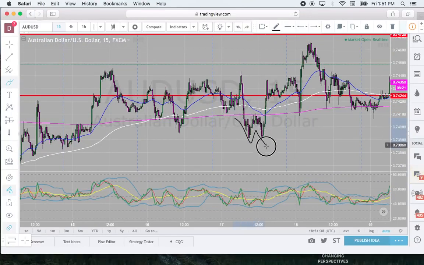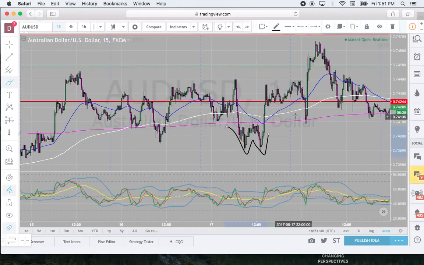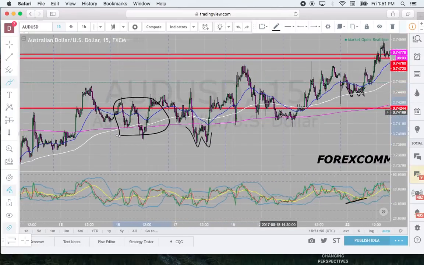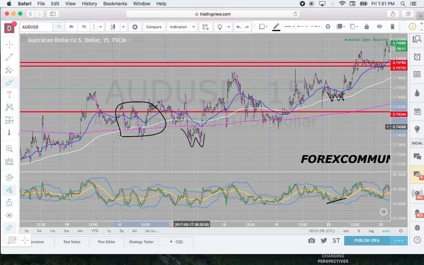Again, the big fat W. And another thing to point out is when a W or M is made above or below all 3 EMAs, it is a reset in the original trend.